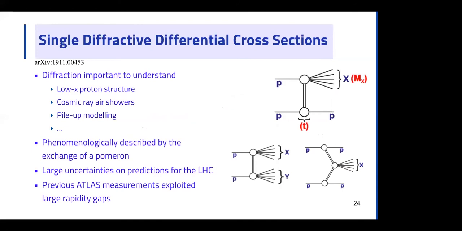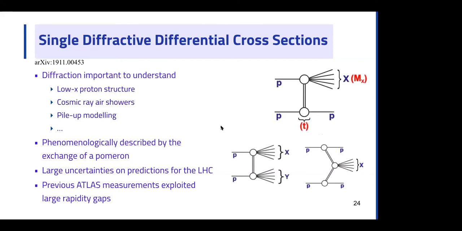Diffraction is important to understand things such as the low-x proton structure, but it's also interesting for cosmic ray showers to study the evolution of the shower, because the diffractive cross-section is one of the parameters that influence the way the shower evolves. From the point of view of the LHC, it is very important for pileup modeling to study the number of tracks and distributions in the pileup events.